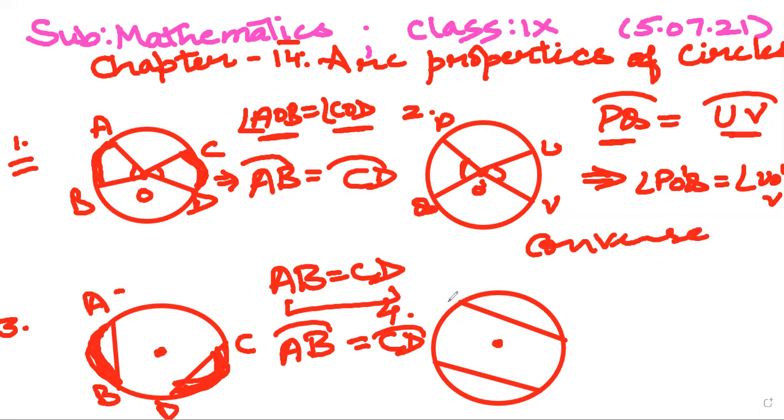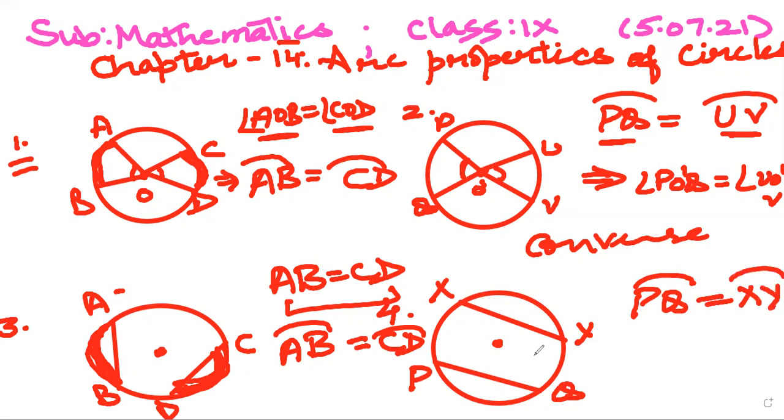What is the converse? If you have two chords, XY and PQ, and it is given that in a given circle two arcs are equal, let's say arc PQ is equal to arc XY, then according to the converse, if the arcs are equal, the chords made by them will be equal.